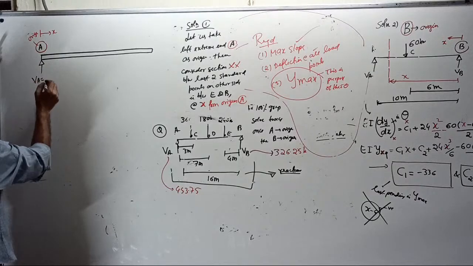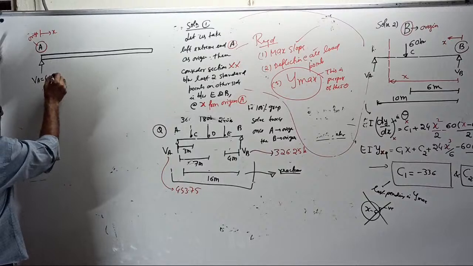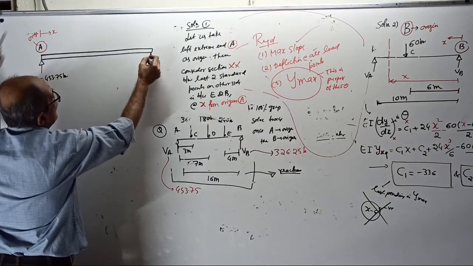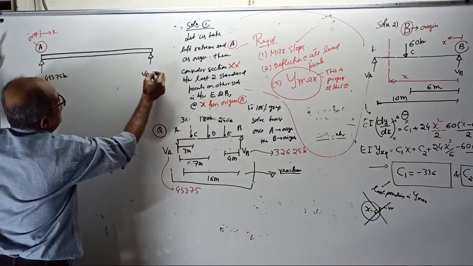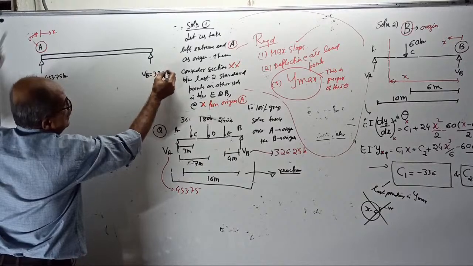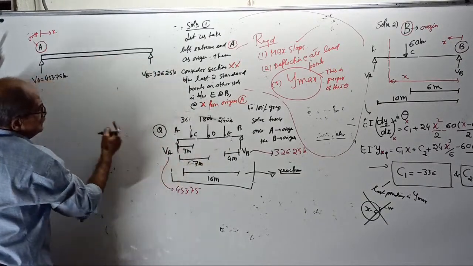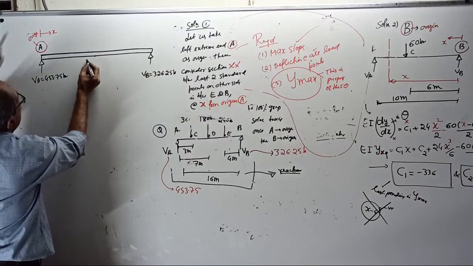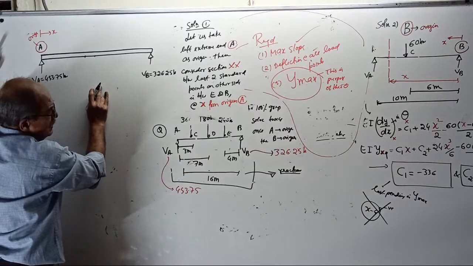Reaction VA equal to 453.75 kilonewton. Reaction VB equal to 326.25 kilonewton. 16 meter, 8 meter. Now this is 7 meter. 7 means that is 9 meter.